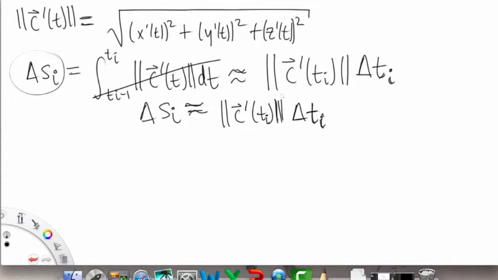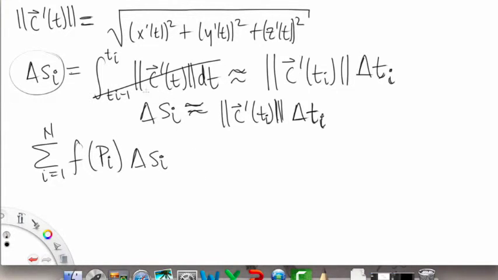So basically, we're just going to plug this back into our formula. What we had before was the following. We had this sum here, and then a scalar function f evaluated at your point on your little curve, times delta s sub i.